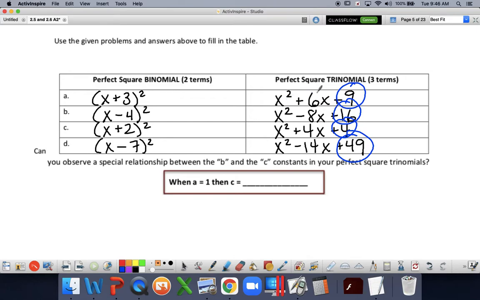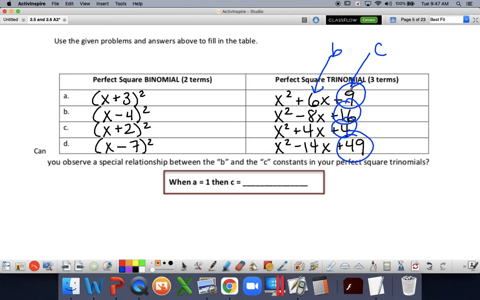I just have x squared plus 6x, or I just have x squared minus 8x, or I just have x squared plus 4x. Can I use the value from b, which is the number in front of the x, and our last number here is the c value. Can I use the value for b to get the value of c?